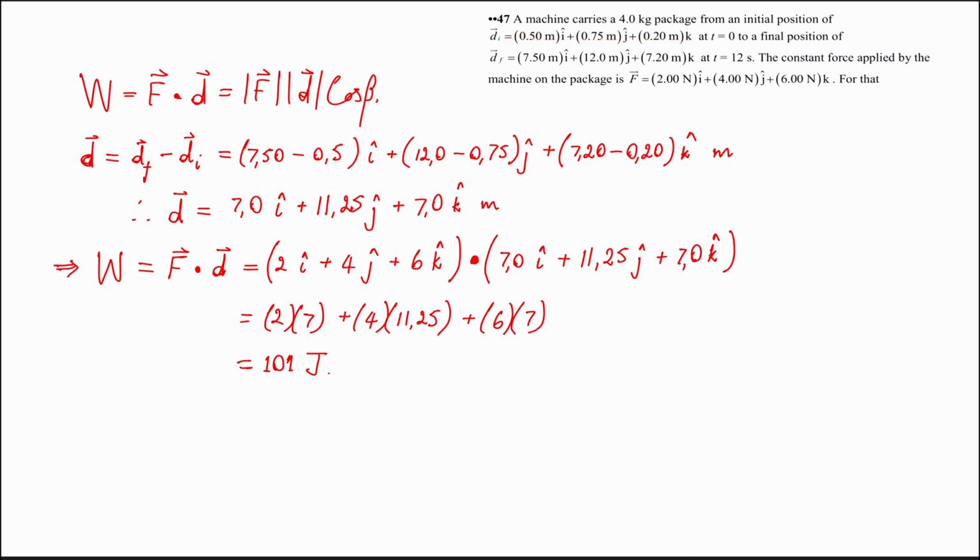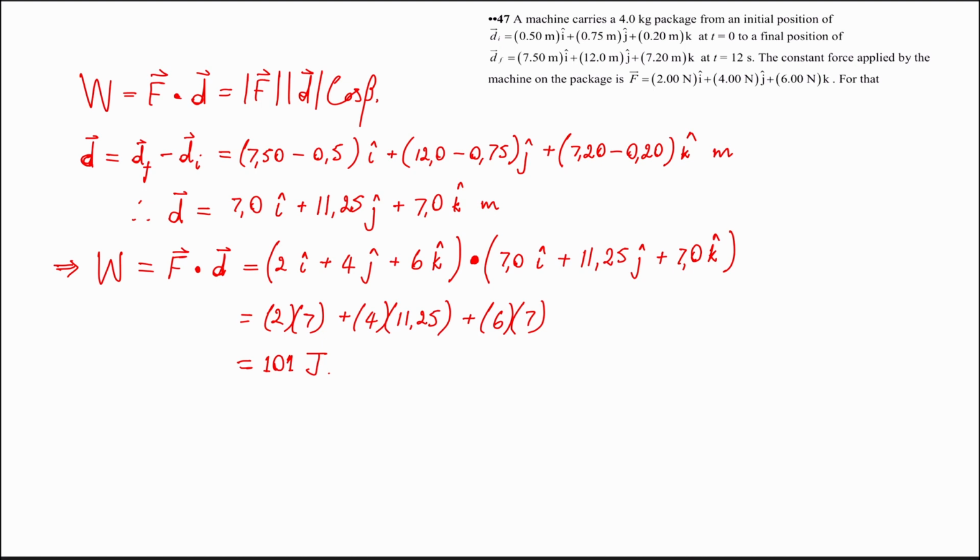The package begins at this position and ends up in this final position. This means we can calculate the change in position, or the displacement vector: d final minus d initial gives us the displacement.